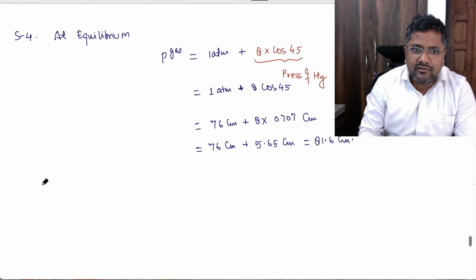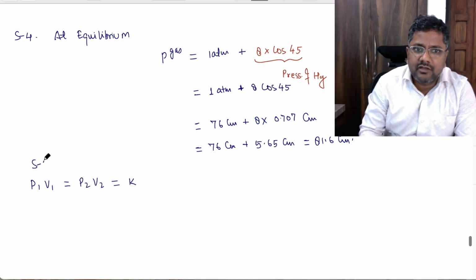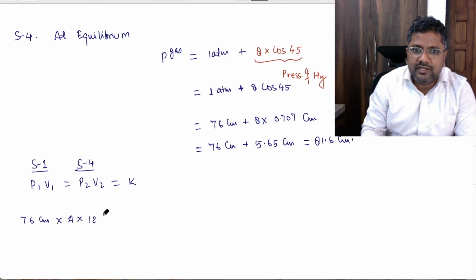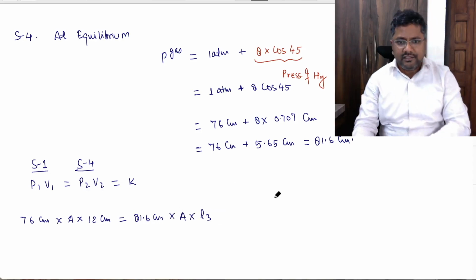So now apply the Boyle's law. P1 V1 is equal to P2 V2 is equal to K. This is state 1, state 4. So initial pressure 76 centimeter into area into 12 centimeter is equal to this pressure 81.6 centimeter into area into L3, right?